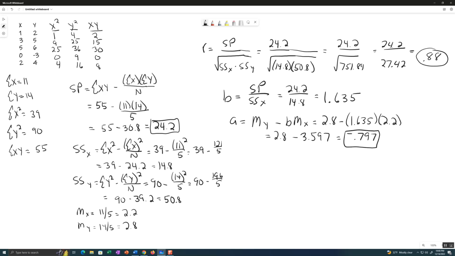That's my y-intercept. So the line, the least squares regression line, y hat, is equal to 1.635x minus 0.797. There's your regression line.